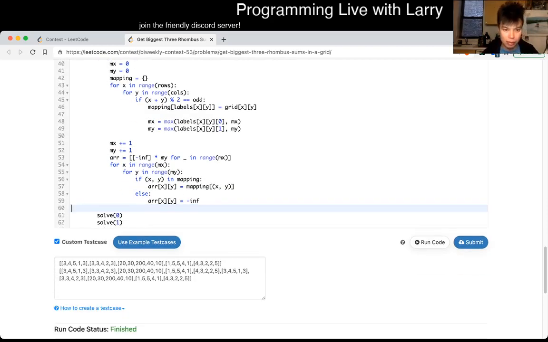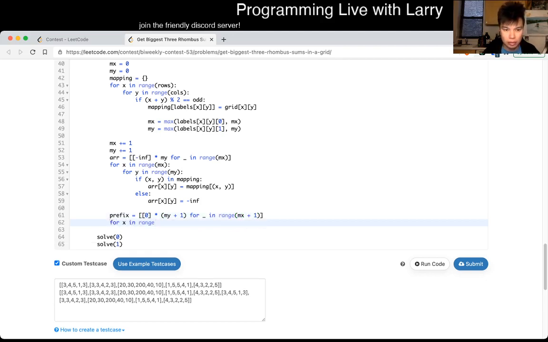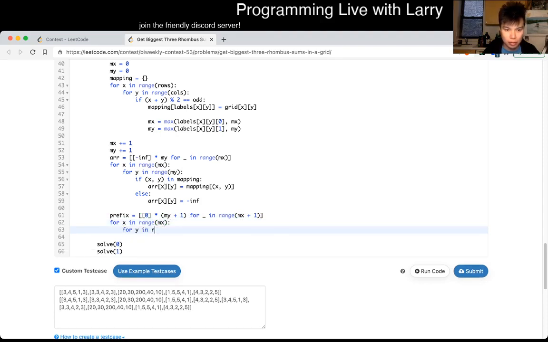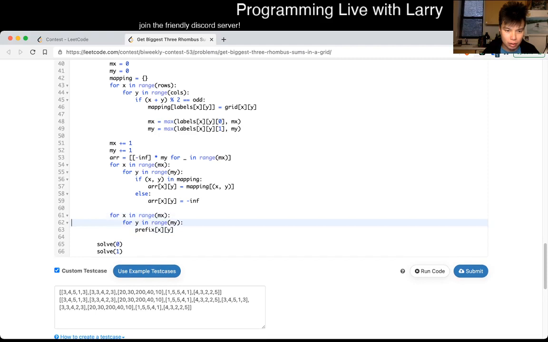Still messy though. I could just do this. That was going to make it impossible to debug. Okay, fine.